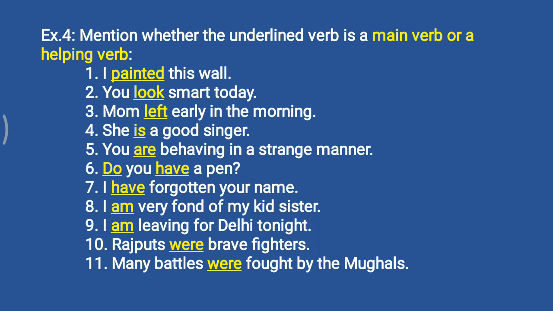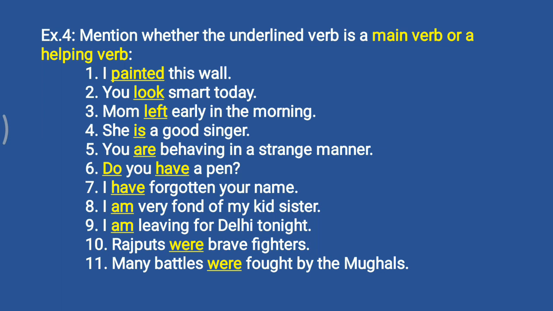Do you have a pen? Do is the helping or auxiliary verb and have is the main verb. I have forgotten your name. Here have is an auxiliary verb. I am very fond of my kid sister. In this sentence, am is the main verb.